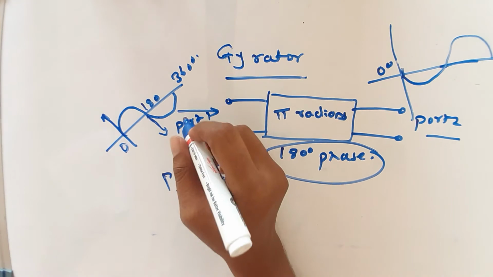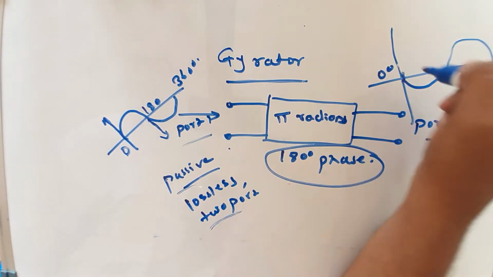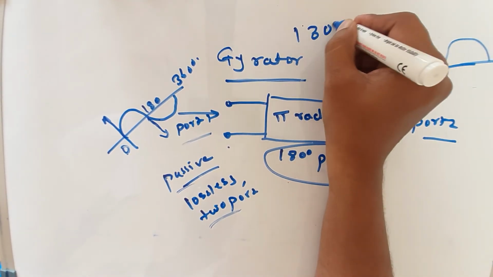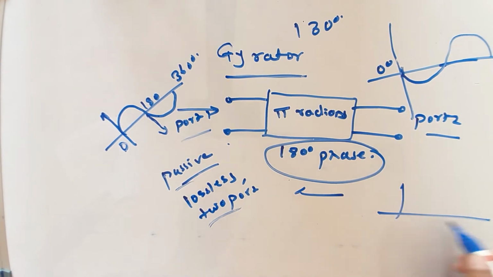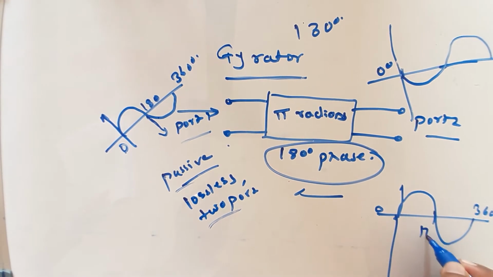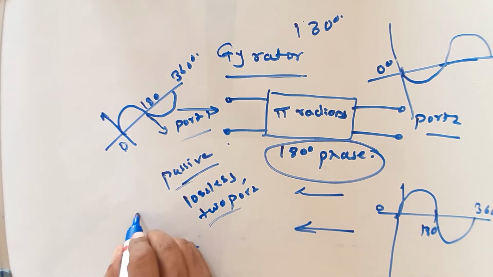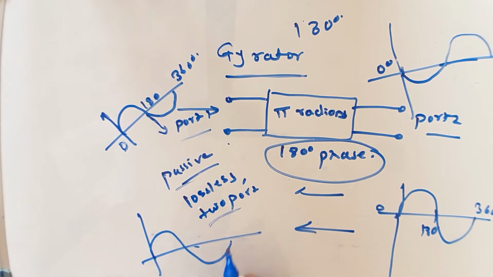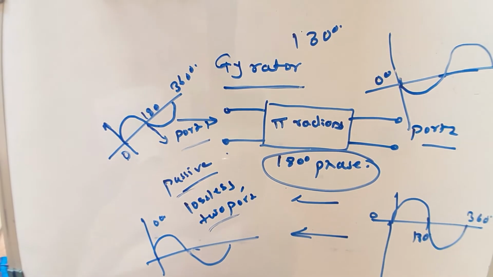Means for port 1, if you are giving this signal, for port 2 we will get 180 degrees. In the reverse direction, if we apply this signal from 0 to 360, the signal will come as it is with a phase shift of 0 degrees.